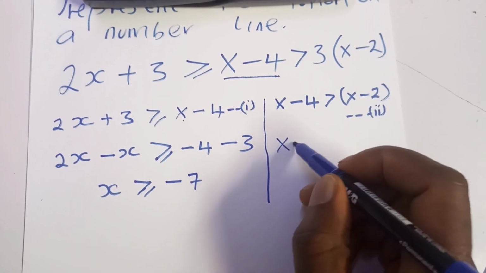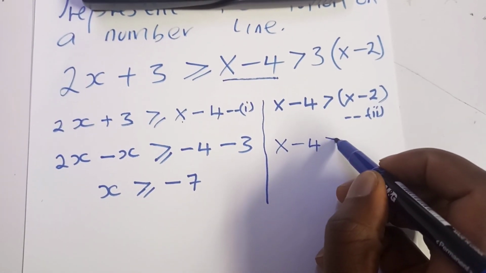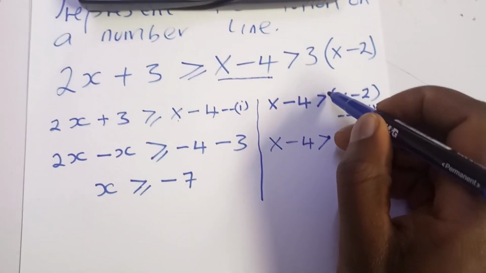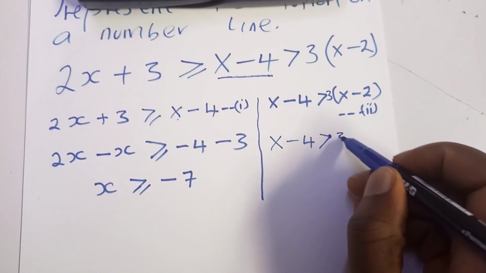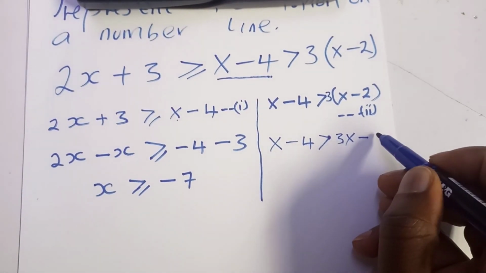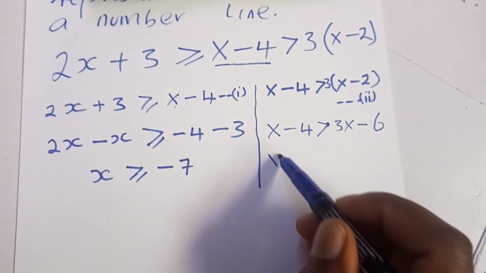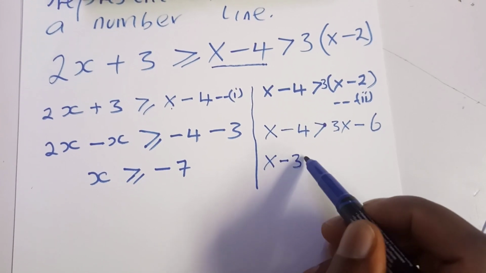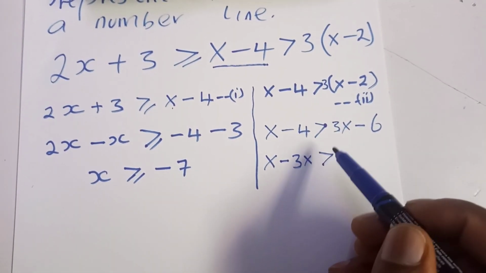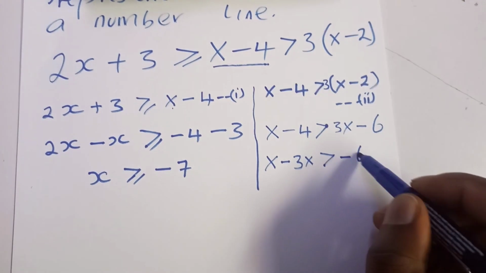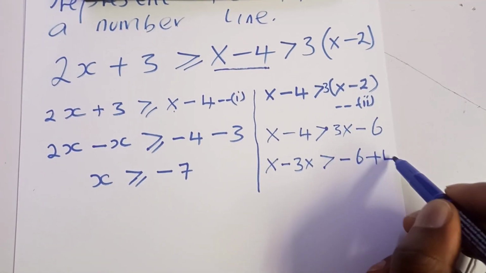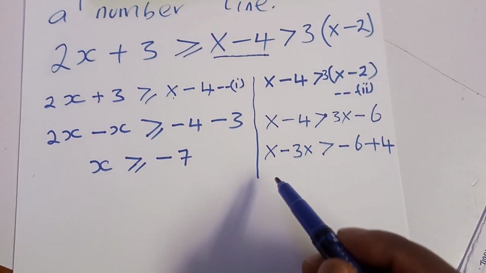So again we collect the like terms. Here we are supposed to have 3, so we first open that bracket into 3x minus 6, then x minus 3x greater than minus 6 plus 4. So we are collecting the like terms together.